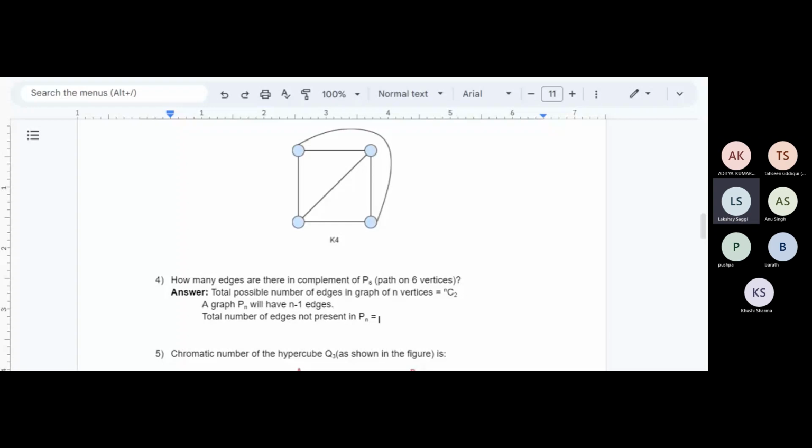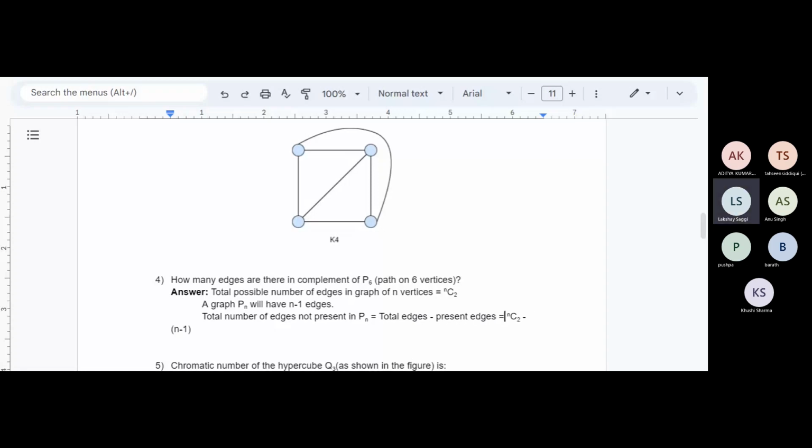So it would be just NC2 minus (n minus 1). Basically, total edges minus the edges present. Maybe I'll write it that way also: total edges minus present edges, and this evaluates to NC2 minus (n minus 1).